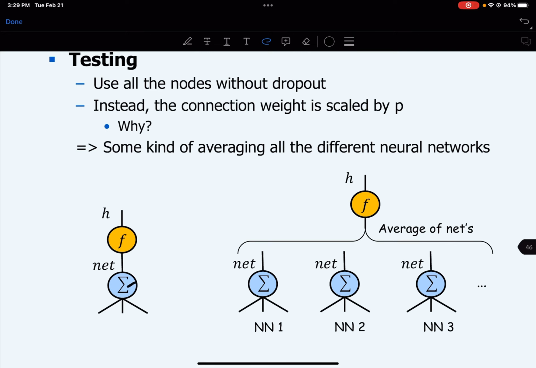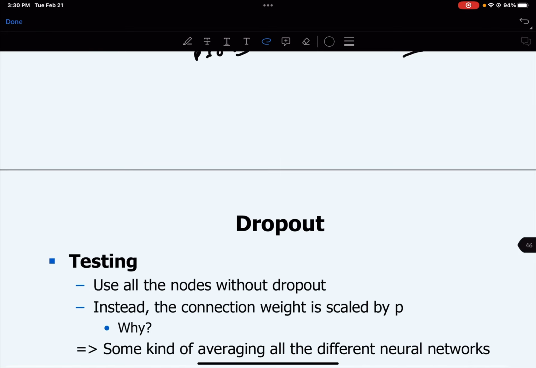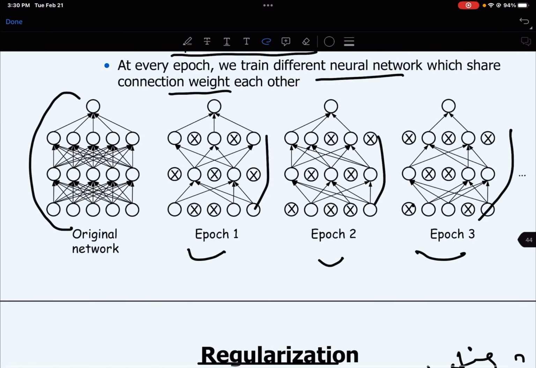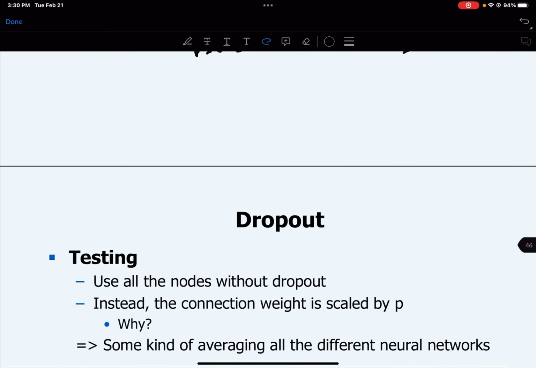So this is your net output here in your network. So we have different networks, and what we are doing is we are actually taking the averaging. The concept of averaging is applied. So we have different networks for each epoch, 1, 2, and 3. 3 networks. We have like 3 different versions.